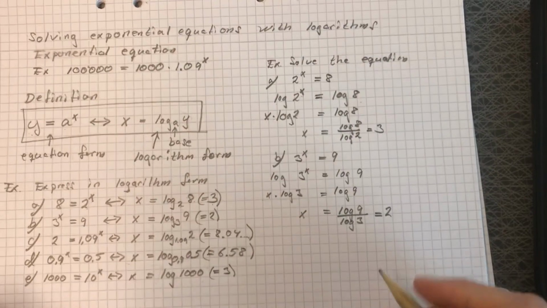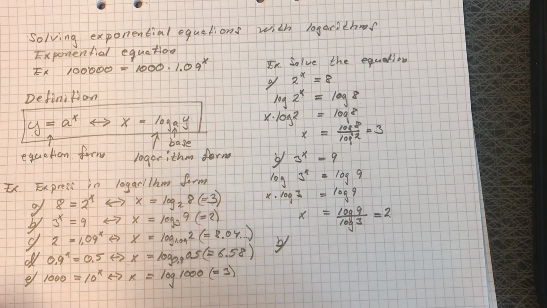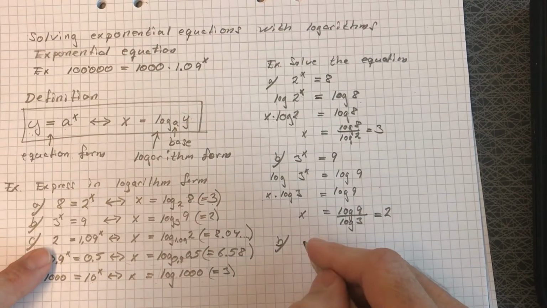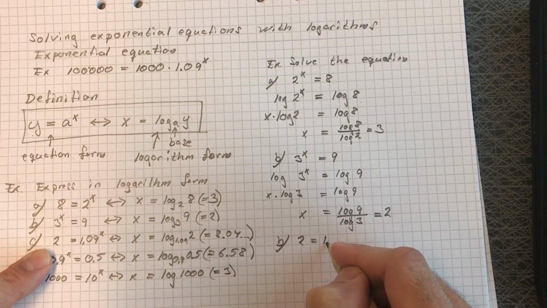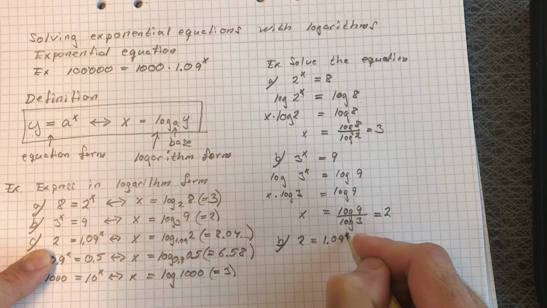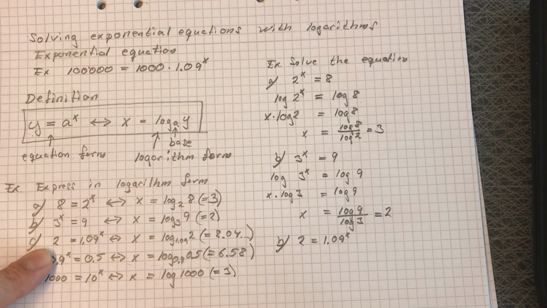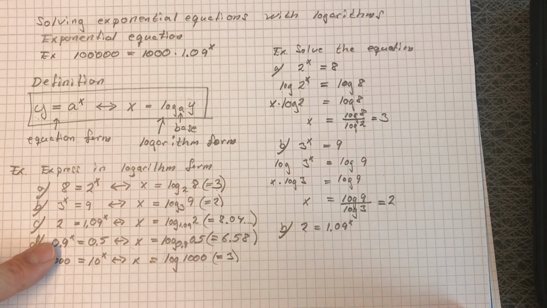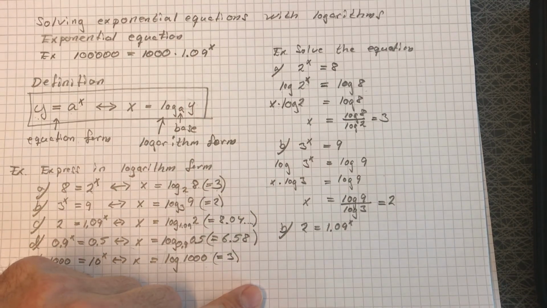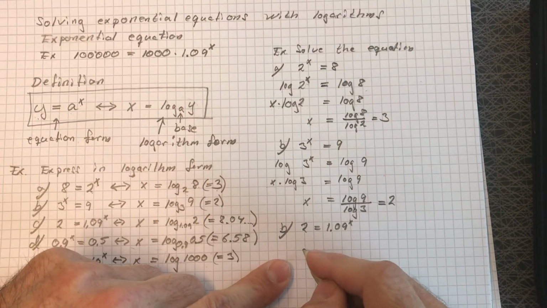Okay, one last equation. 2 is equal to 1.09 to the power of x. Can you solve it first? Here's the answer. So I will do it very fast now.